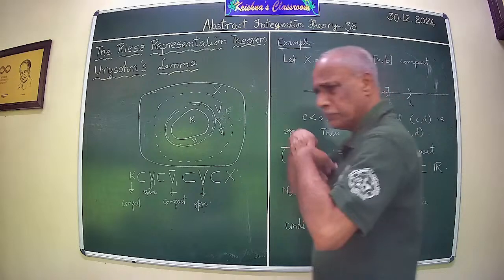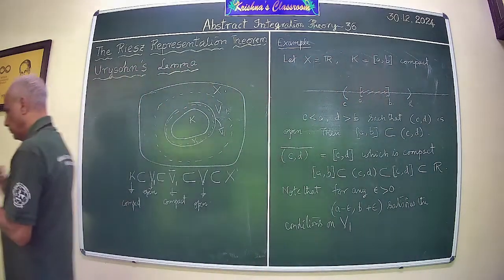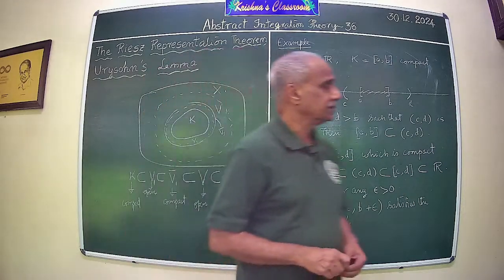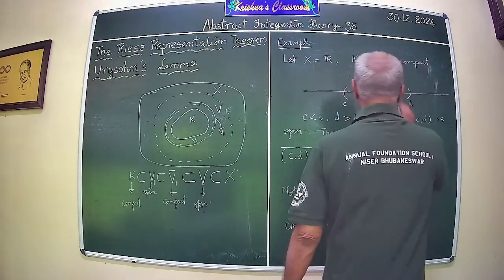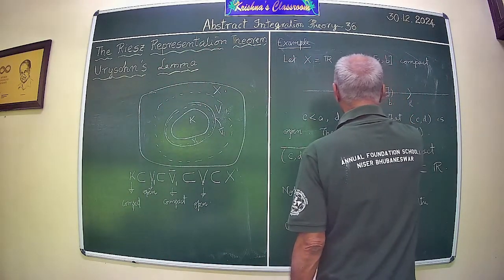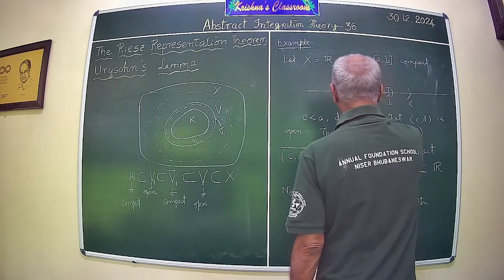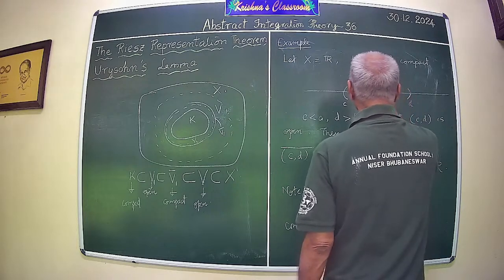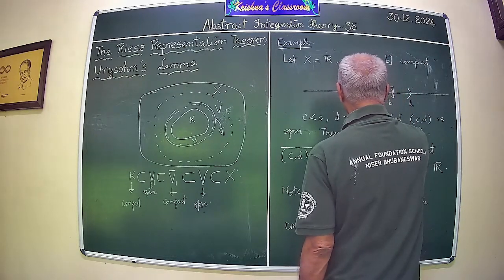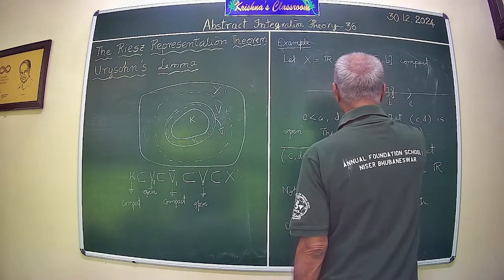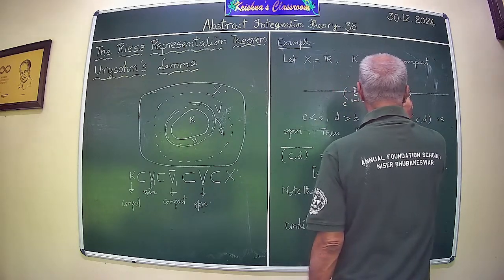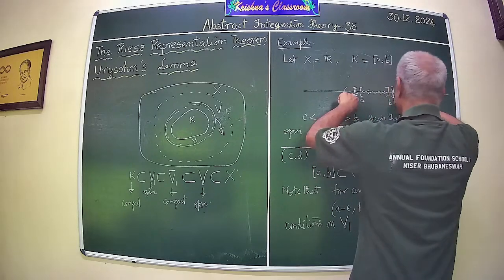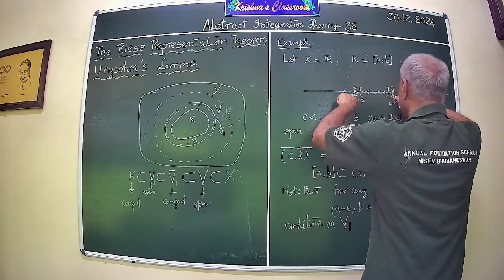So you see, there are plenty of sets of this kind. In fact, you can keep on having this. This is A minus epsilon, this is B plus epsilon, and then once again you can repeat the same thing because you have a compact set.